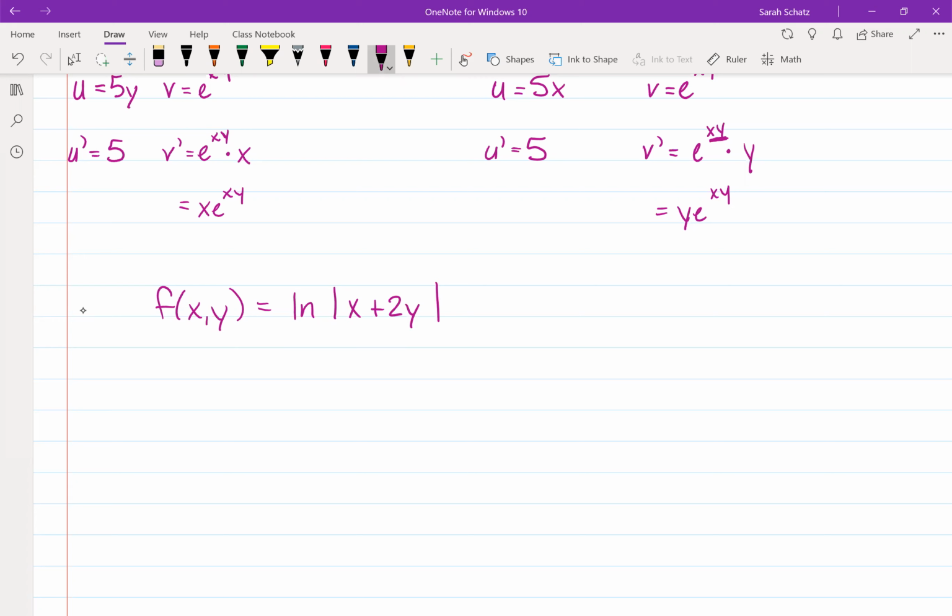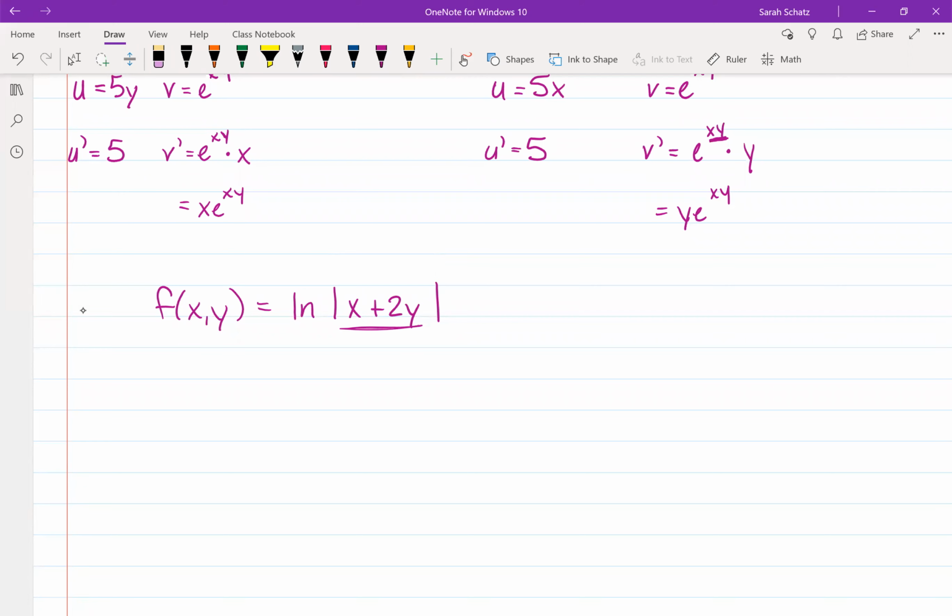Now, you have a homework question, or there might even be two, where it's natural log, and they put it in absolute values, because sometimes we do, just to make sure that whatever x and y is, we know that the argument of a natural log has to be positive. So sometimes when they write natural logs, they just put absolute values. Now, that's the reasoning behind it.